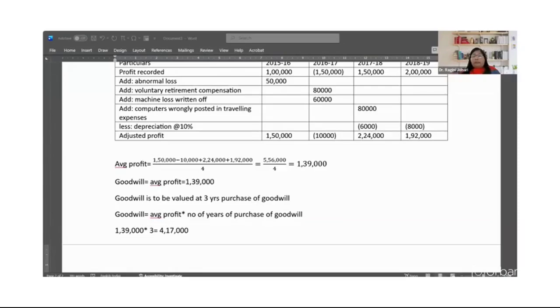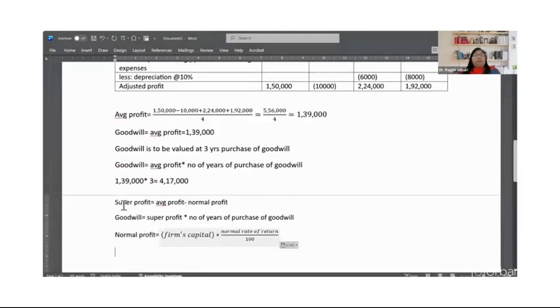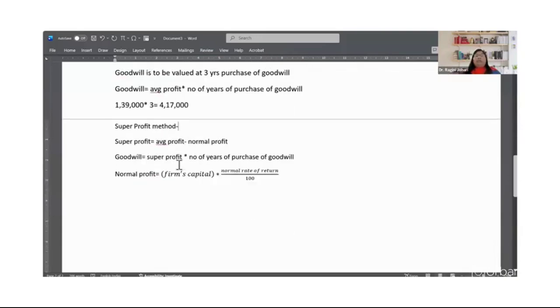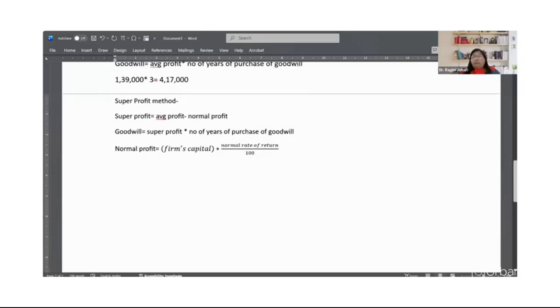So the formulas for this are: super profit is average profit minus normal profit. And how do we calculate goodwill here? That is super profit into number of years of purchase of goodwill. Then how do we calculate normal profit? Normal profit is firm's capital multiplied by normal rate of return, that is R upon 100.